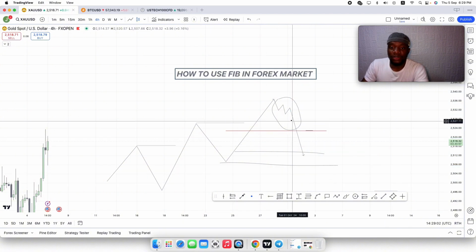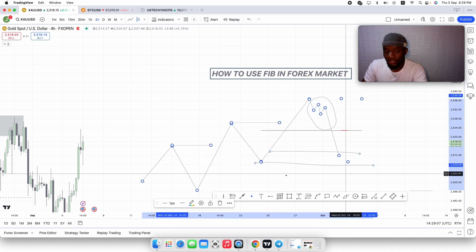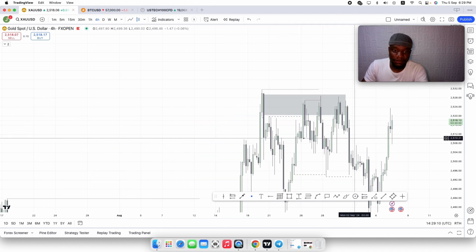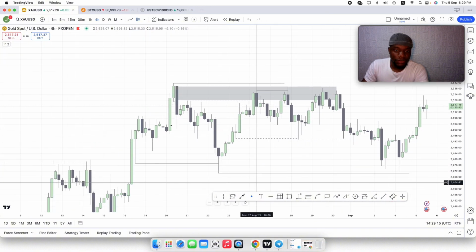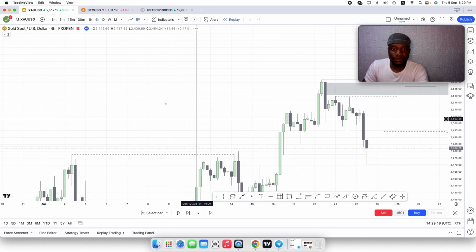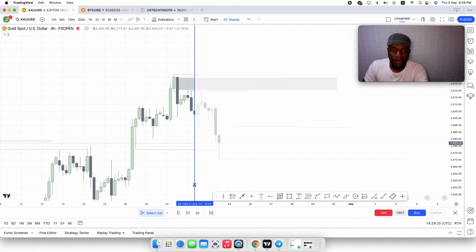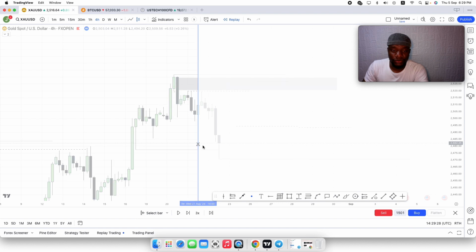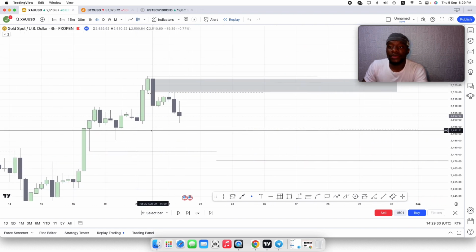So let me also give you just one example from charts, then you properly see what I'm saying. If you look at this zone, I'm going to fast forward to this zone. Let's say the market did not break this zone. Mainly looking at this, you cannot tell if the market is about to pull back or not.